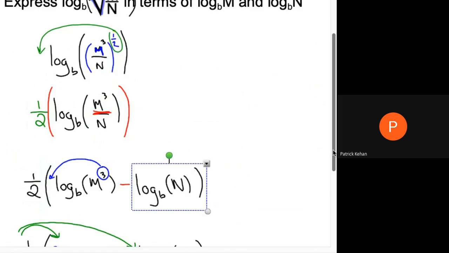This log term that's highlighted is fully expanded. It can't go any further. However, for this first log term, log base b of m cubed, we have to take this exponent, bring it out in front. Just be careful, this 3 is going in front of the logarithm, but inside that group.